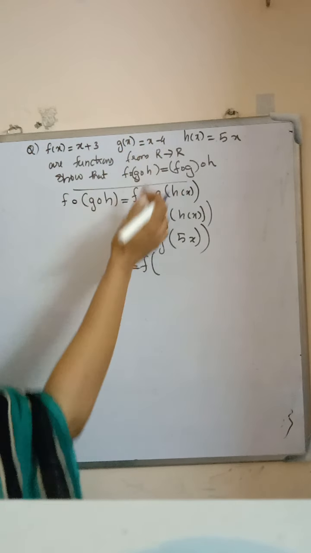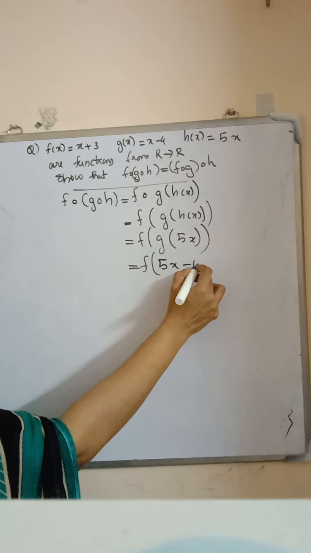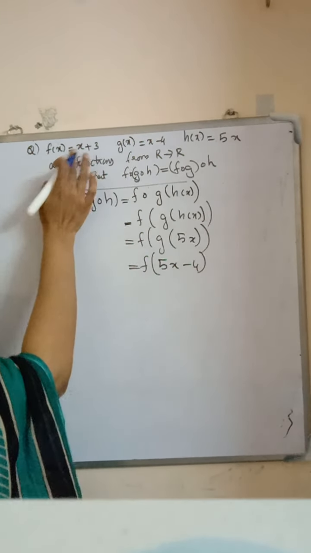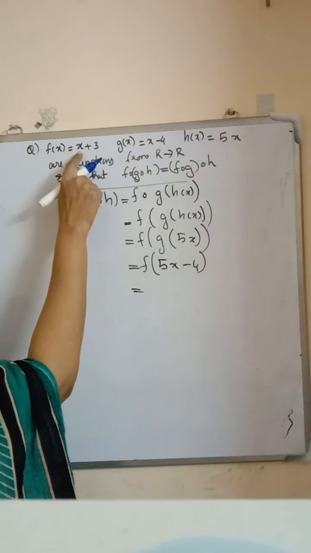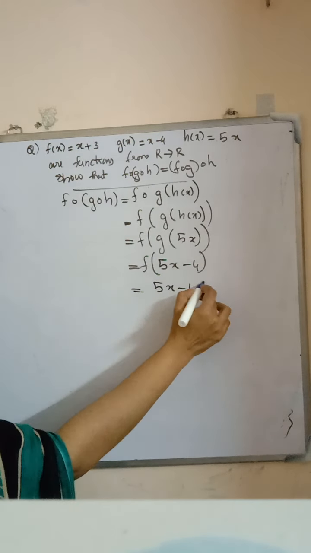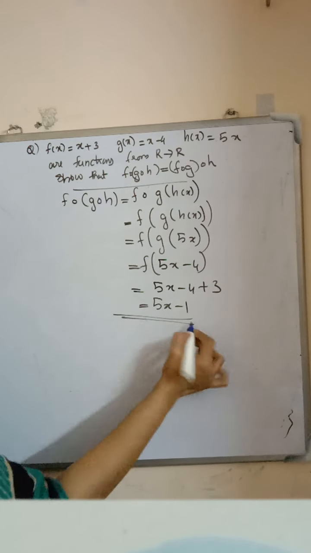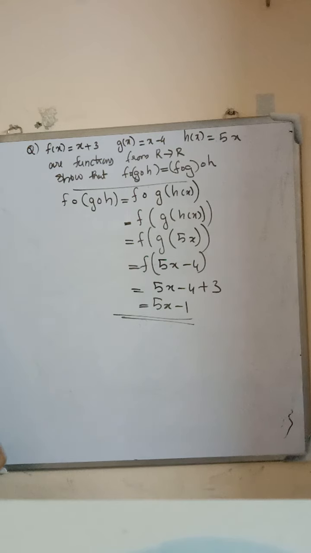Here g of x is x minus 4, so g of 5x is 5x minus 4. Then what is f of 5x minus 4? We replace this x by 5x minus 4, plus 3. That is equal to 5x minus 1. So the left side is 5x minus 1.